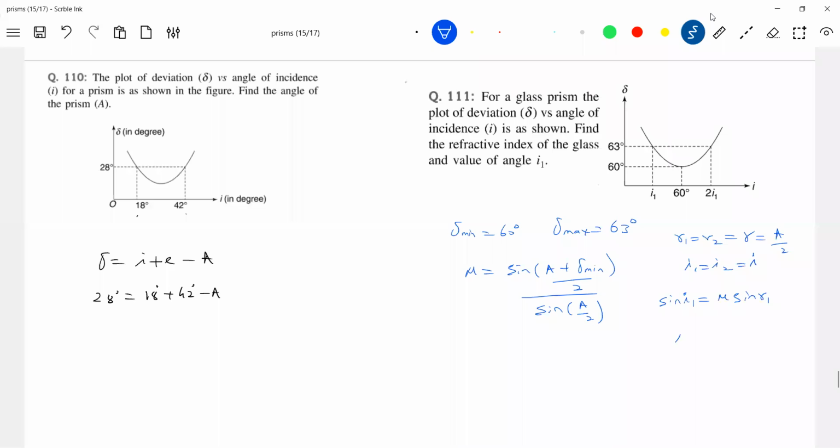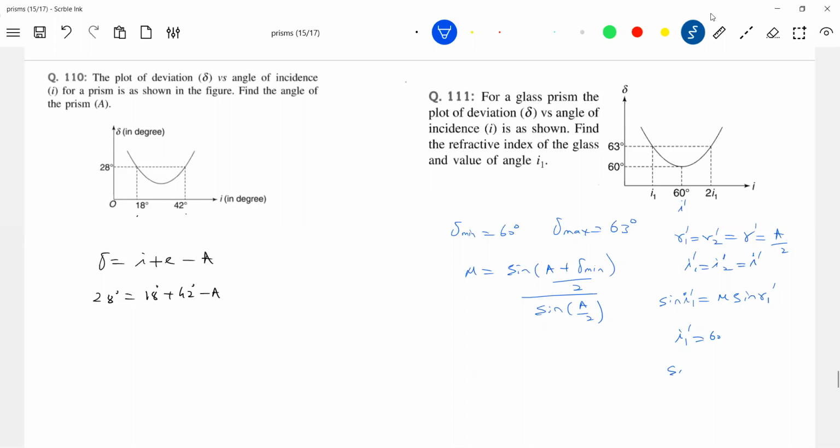So now we know I1. What is I1? Okay, this is some other value, so I'll put a prime. I1 dash is what? This one. So for I1 dash we know sine 60, and R1 dash you can write as A by 2.